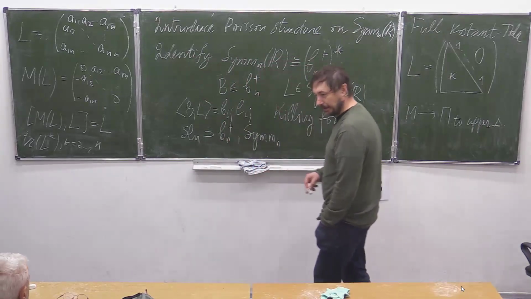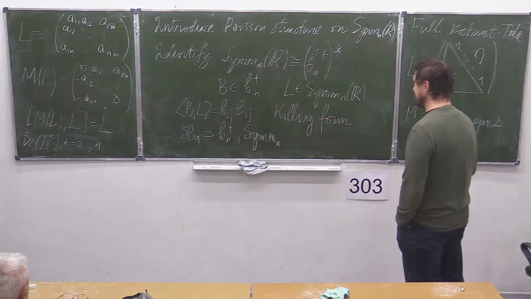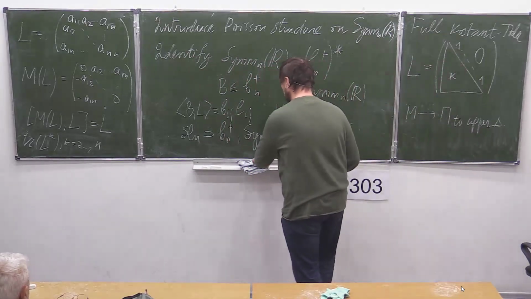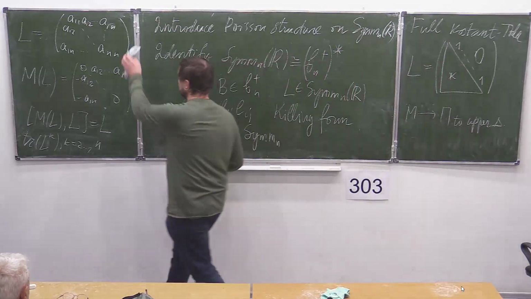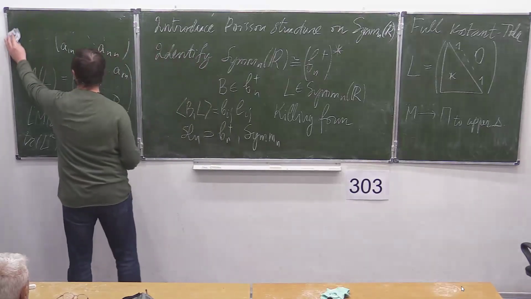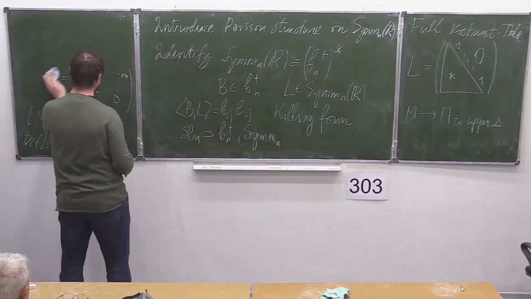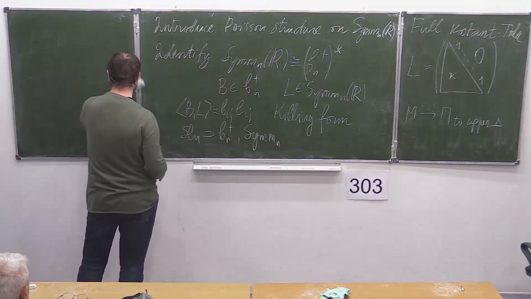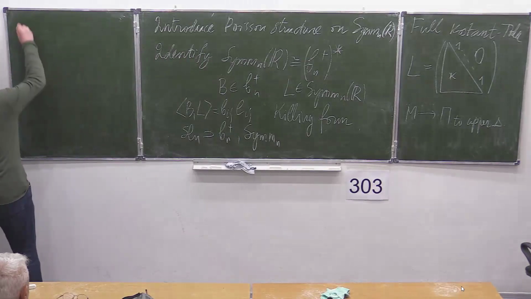That's all. A more refined way is to consider the so-called, I think it's what they call the QR decomposition of the Lie algebra.